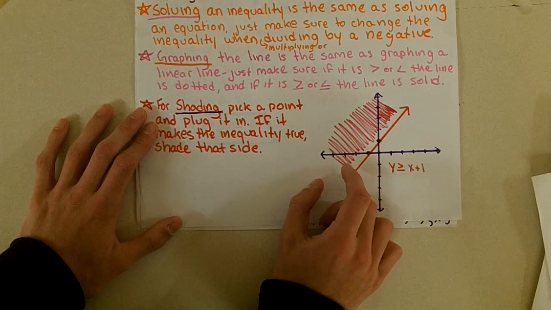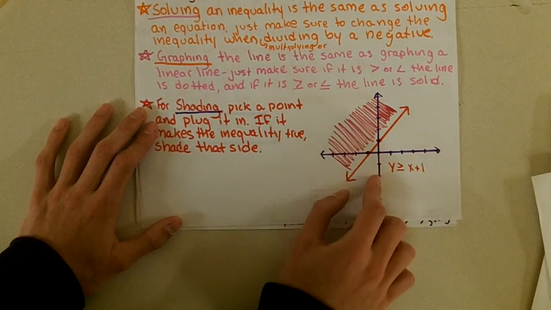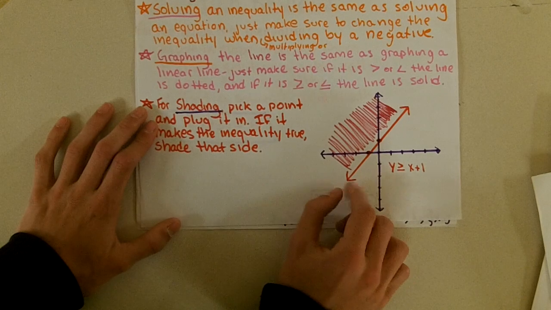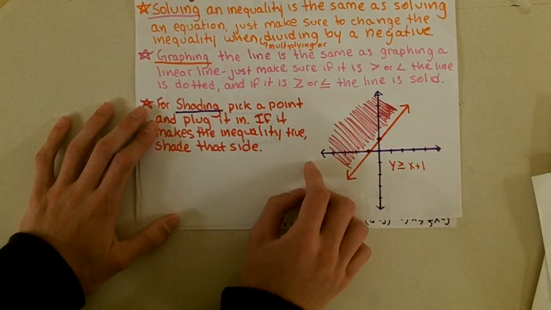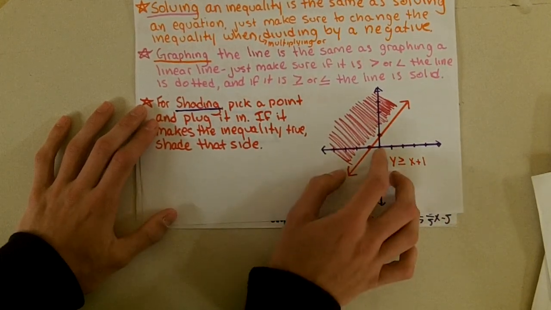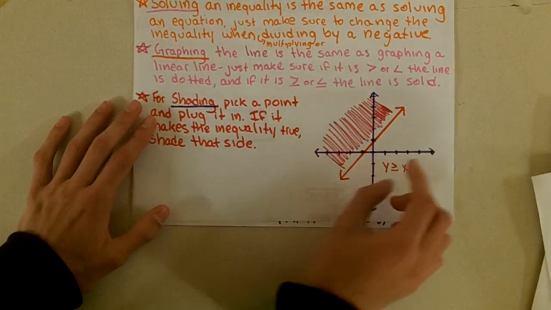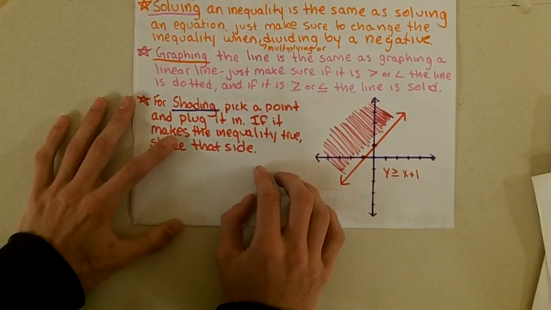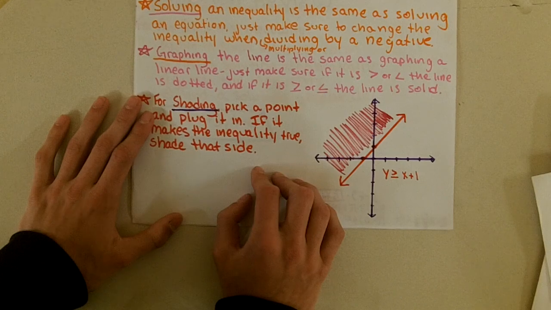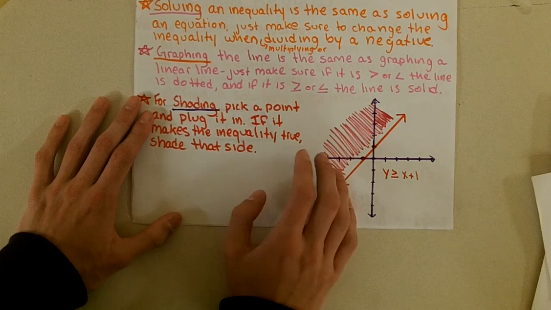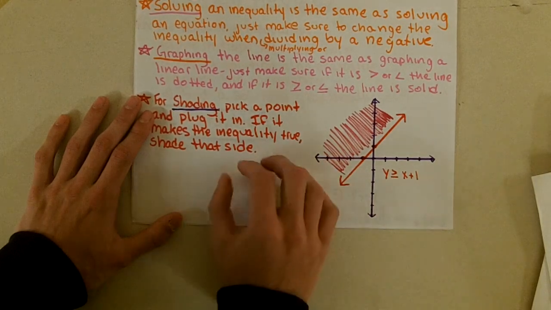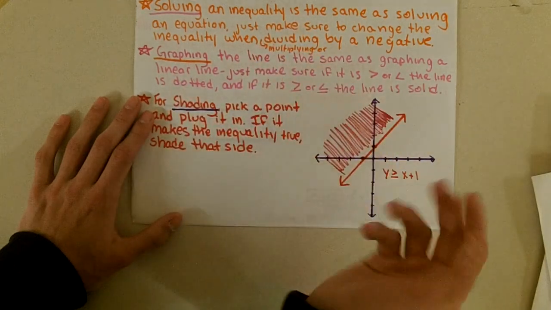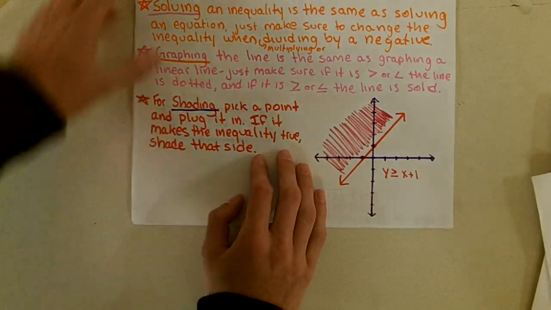So that you know whether to shade the top or the bottom, you pick a point that's not on the line. Say we pick (0, 2). You then plug it into the inequality, and if it makes the inequality true, then it's a solution, and you shade that side.